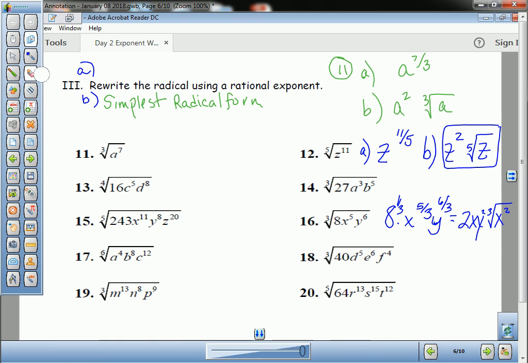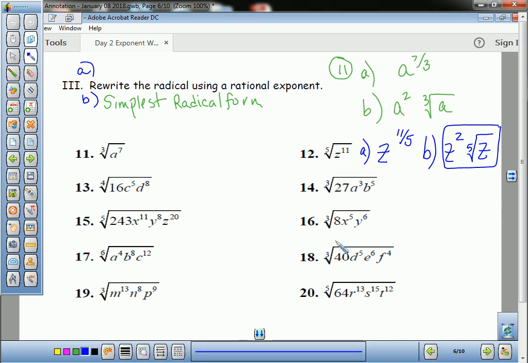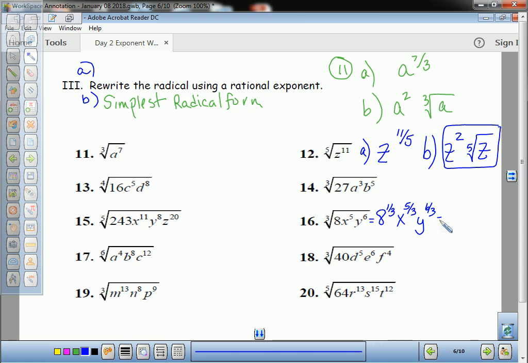I'm going to rework 16 so you can see it happen. So all of this is a cubed root. So what this means is like 8 to the 1/3 power, x to the 5/3 power, and y to the 6/3 power. Well, 1/3 power is the same as cubed root, and this simplifies completely.